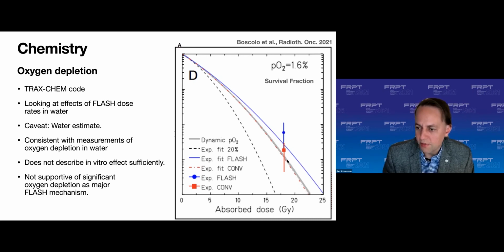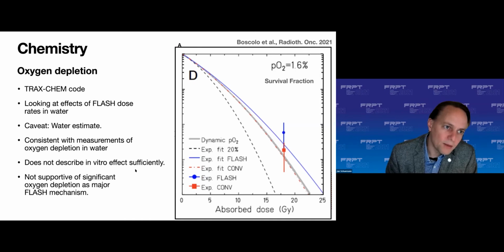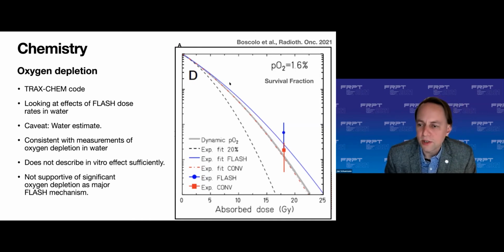And this difference cannot explain the difference between the observed red line and the blue flash effect that is seen in the sparing. So they conclude that there may be a role for oxygen depletion in flash, but it's probably not the most significant effect to induce flash sparing.